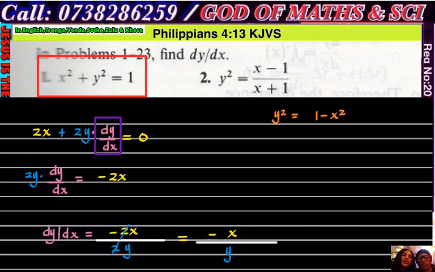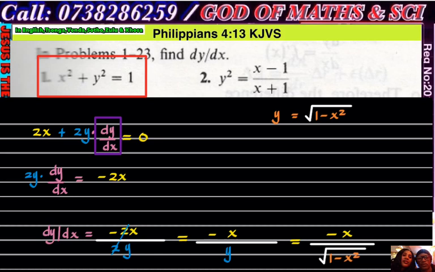And if you remove the square, you're going to have the square root of that. So that means you just have to replace it by that. So you now have minus the x and then all over that y. That's how it's gonna be.